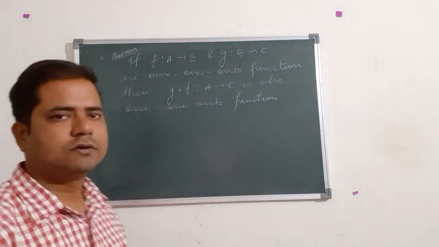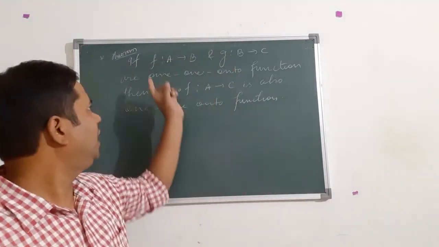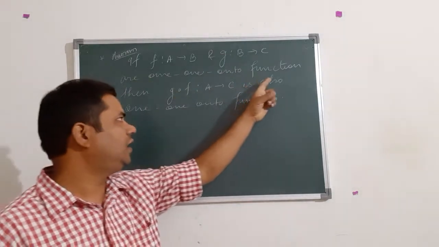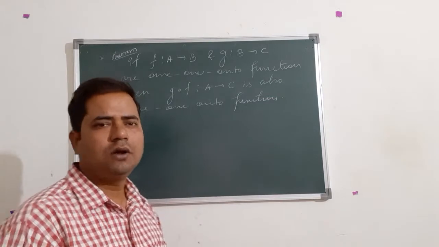Okay, so let us see. If f from A to B and g from B to C are one-one and onto functions, then f composition g from A to C is also a one-one and onto function.